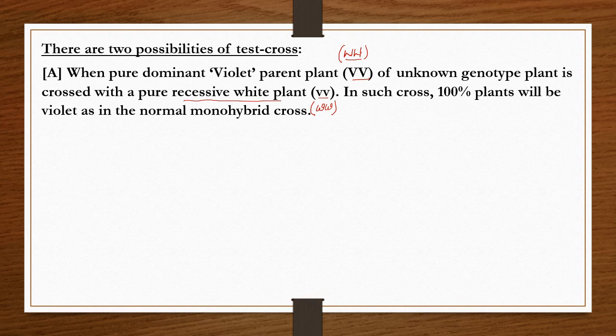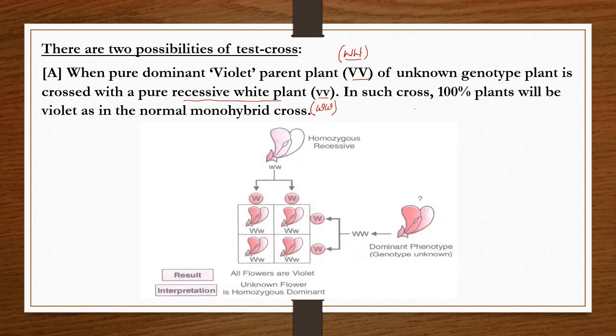So once again, a pure dominant violet parent plant of unknown genotype is crossed with a pure white recessive plant. Let's see the representation of this.